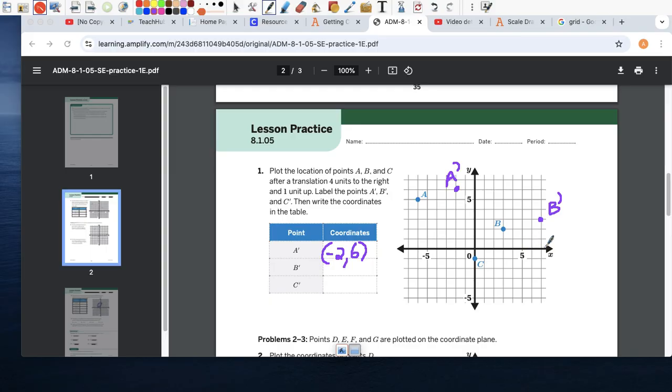That's 5, 6, 7 to the right, positive, and 3 up. C, well, if you look at the origin, actually, sorry, we got 4 to the right, 1, 2, 3, 4, and then 1 up. So C prime ends up being right there. C prime is 4, comma 1.